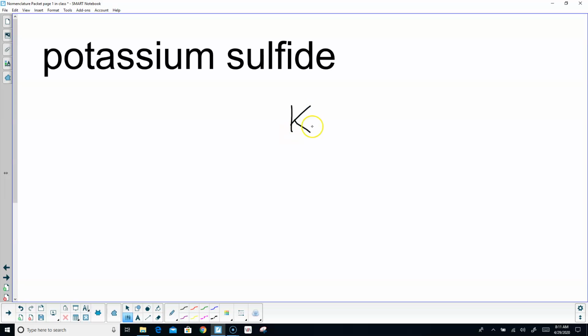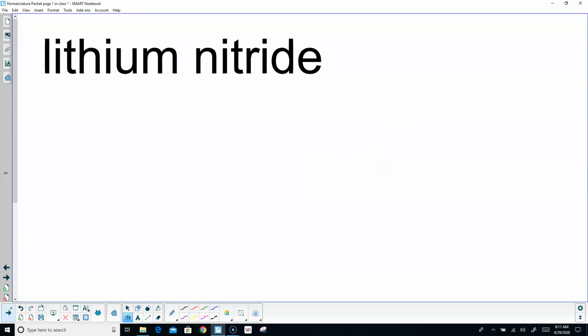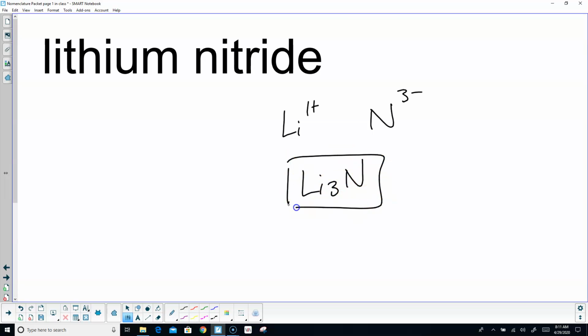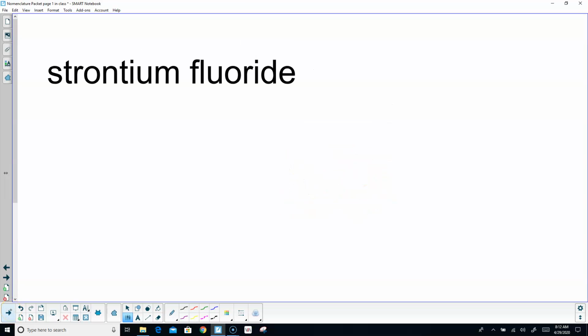Potassium sulfide, potassium is always 1 plus. Sulfur is always 2 minus. K2S. Lithium nitride. Lithium is always 1 plus. Nitrogen is always 3 minus. Li3N. Strontium fluoride. Strontium is always 2 plus. Fluorine is always 1 minus.